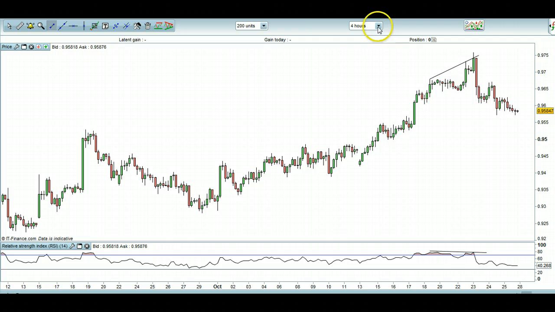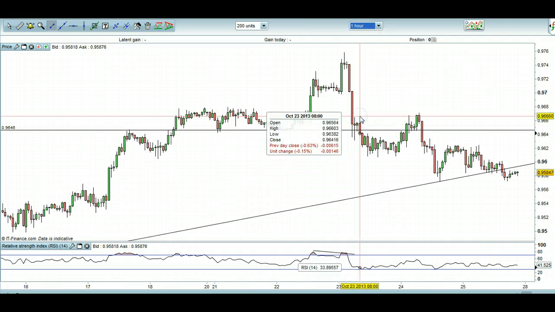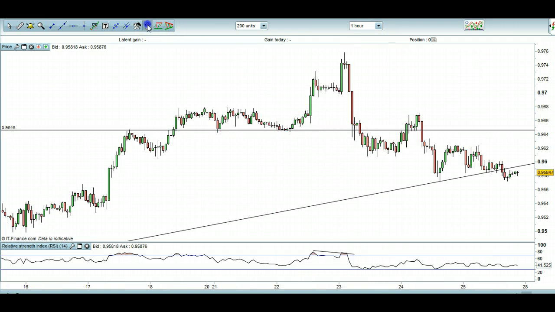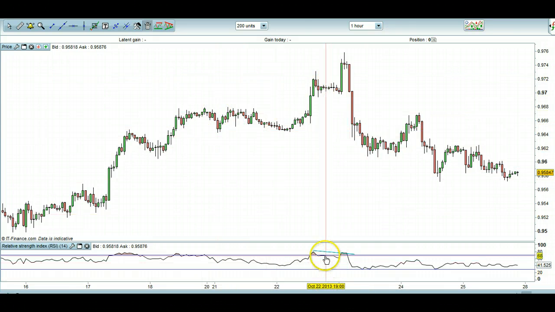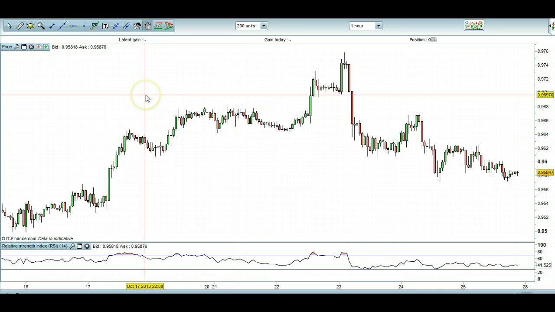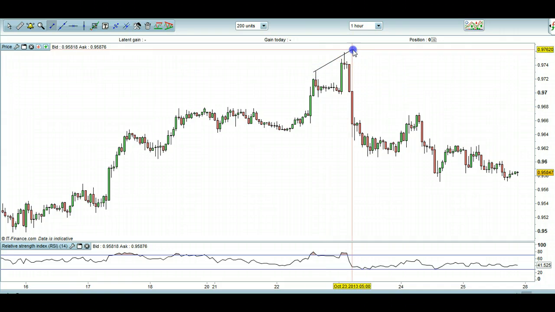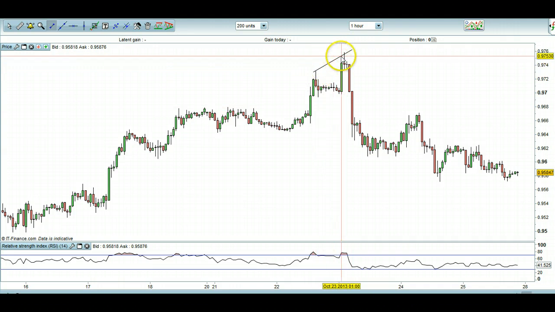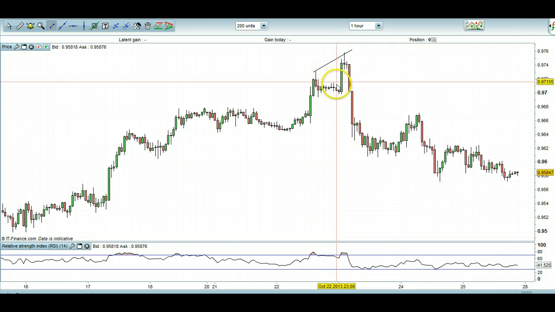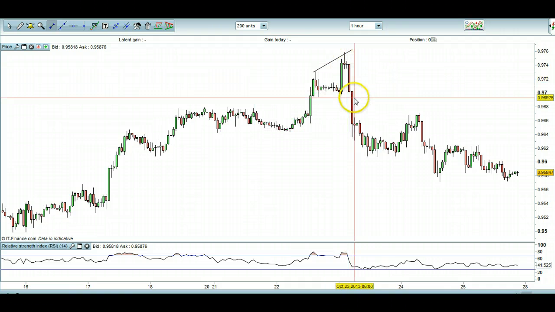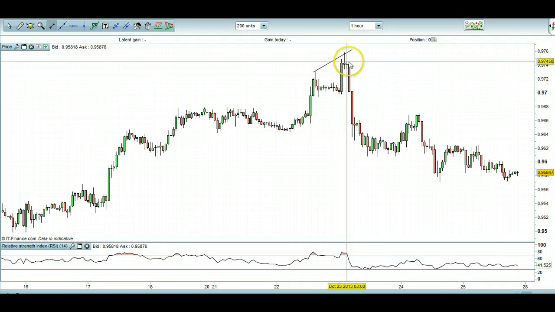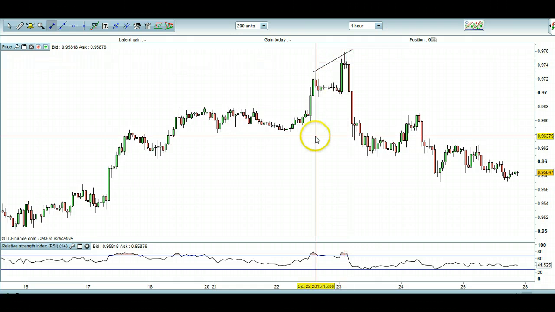Now I'm going to show you something tricky. We'll go down to the 1 hour and I'll remove these lines. I've already put the divergence on here, but we'll take it off, and there's divergence within the divergence. Here you can see we've got a new high, and the price has tried to break through, tried to rally, and been sucked back, and has also formed a reversal candle there.